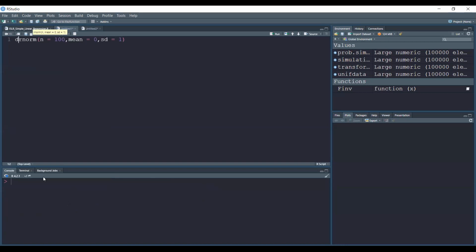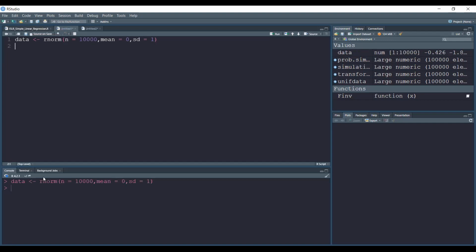And we'll call this, for example, data. Let's take 10,000. And we can do a histogram.